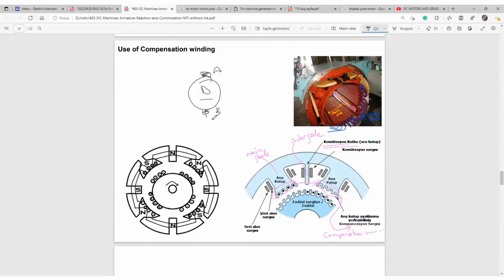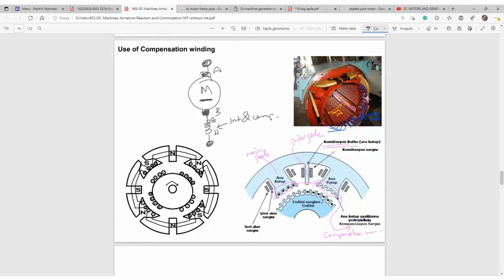Today it is generally a motor. Dynamo usage is very rare today because DC can be easily obtained by rectifiers. That is the armature. Here is another coil, the interpole plus compensation winding.